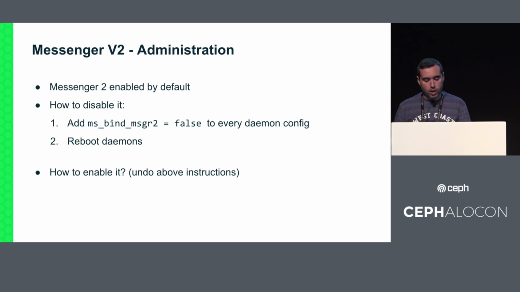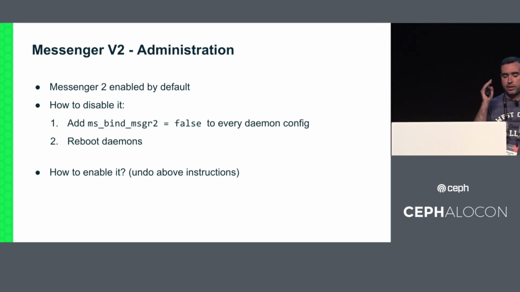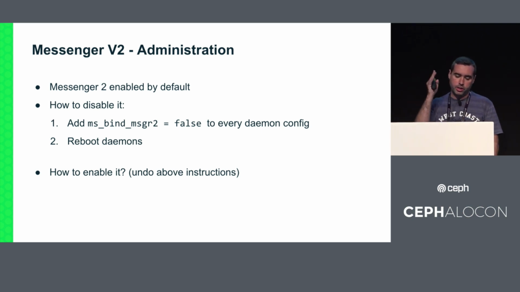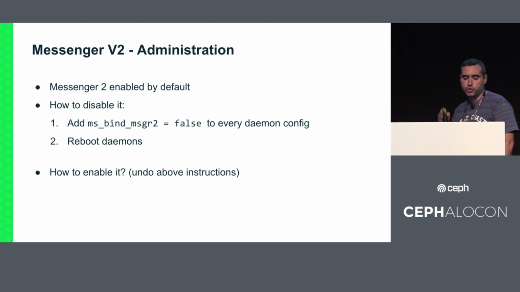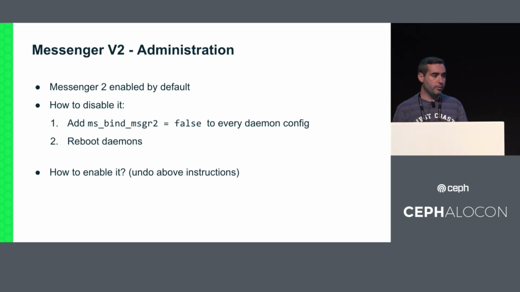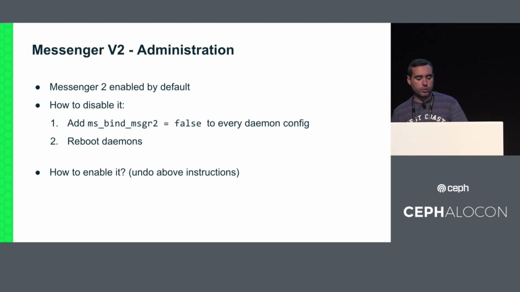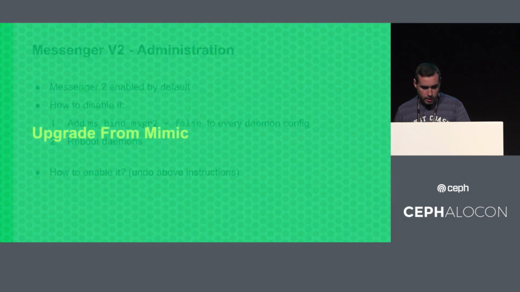If you want to disable Messenger V2, you just add to your Ceph conf file or to the config store the option ms_bind_msgr2 equal to false, and then reboot the daemons. The daemons will stop listening on the V2 protocol. And if you want to re-enable it, just undo the same things.